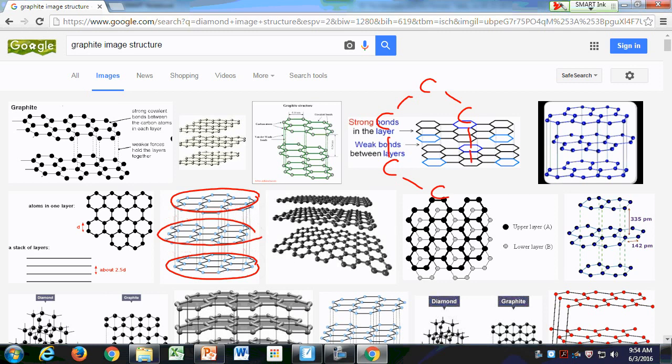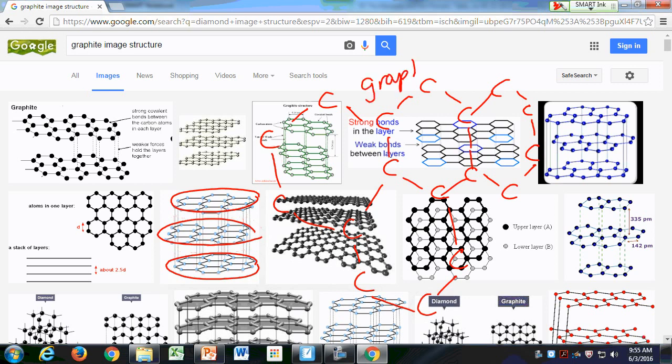Each carbon would be in a pattern that looks like this. See, carbon, carbon. So you have fused hexagons. A sheet of fused hexagons is called a graphene molecule. So you've got really large, long and wide sheets of graphene stacked one on top of each other.